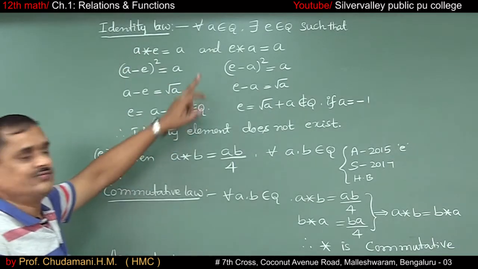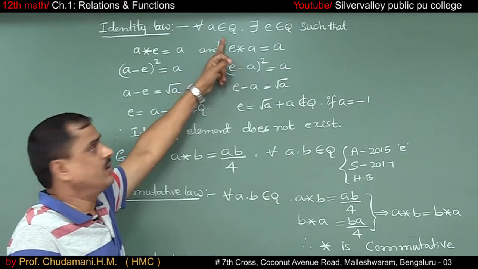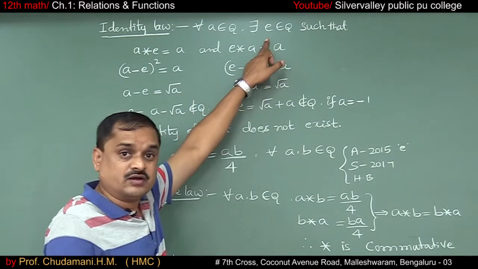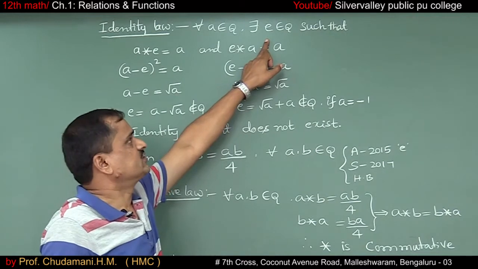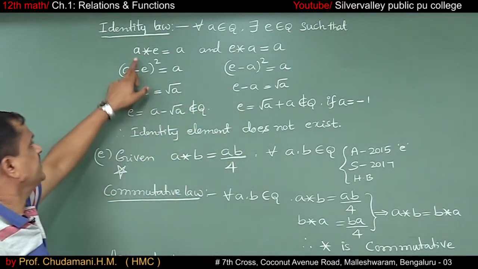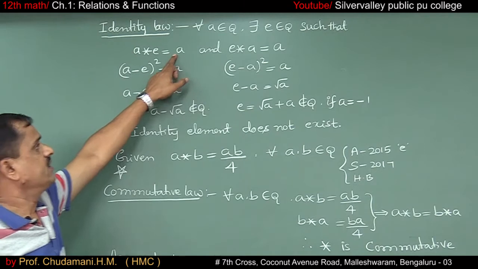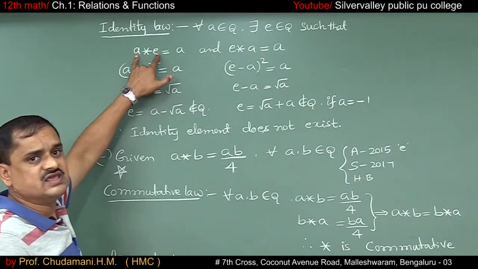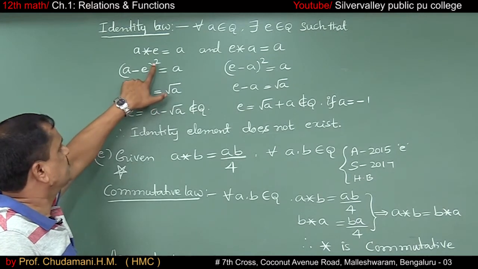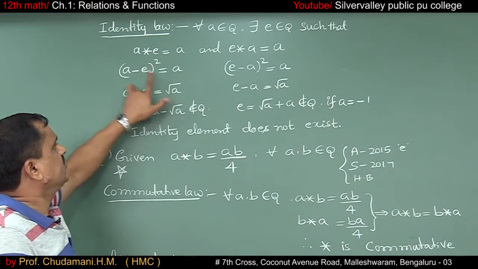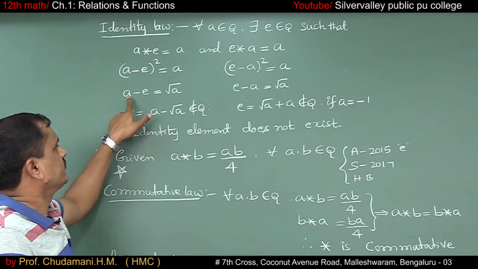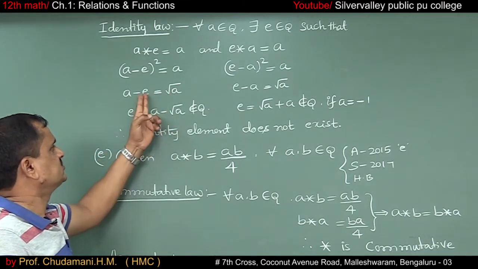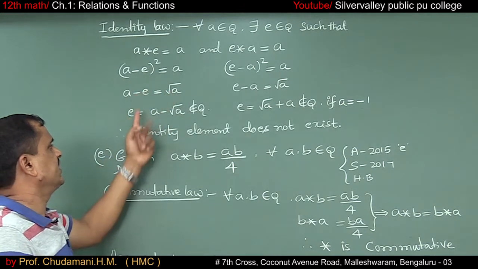Identity law. For all an element A belonging to the set Q, there exists an identity element E also belonging to the same set Q, such that A star E is equal to A and E star A is equal to A. A star E means (A minus E) the whole square equals A. A minus E equals root A. So, A minus root A, shift E to the other side, root A to the LHS.